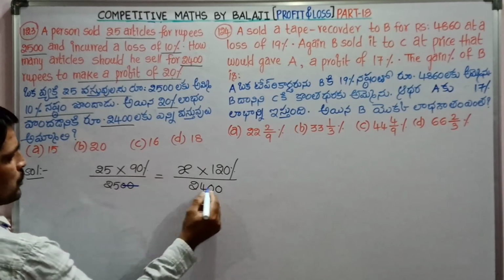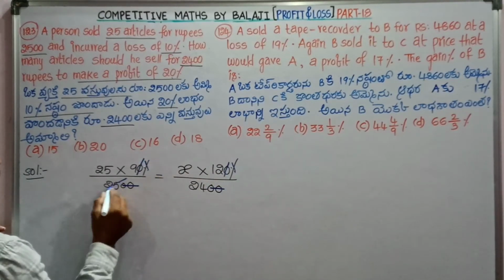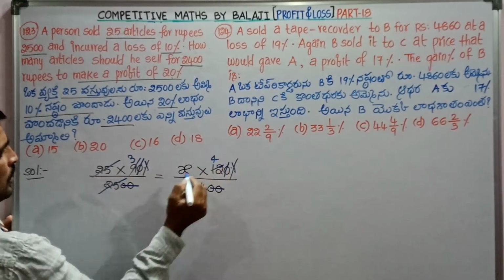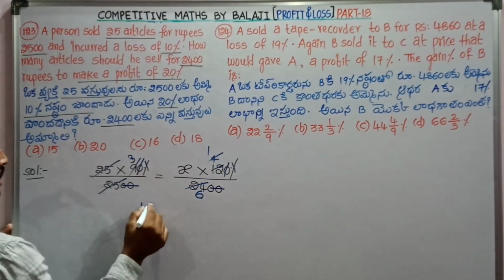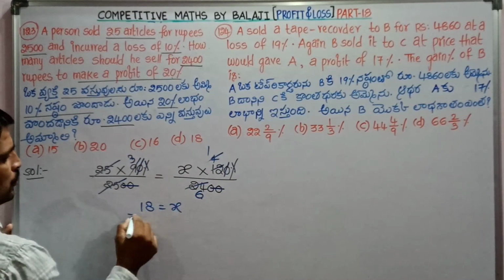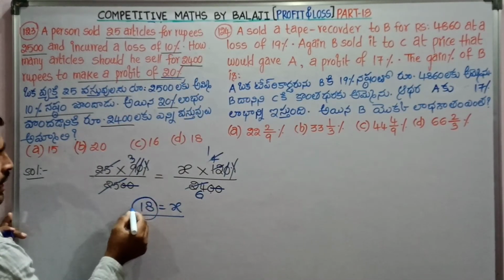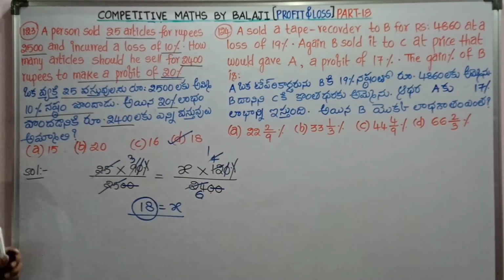Both sides 2 zeros, percentage cancelled. 25 gets cancelled. 3 3s are 9, 3 4s are 12. 4 1s are 4, 4 6s are 24... 6 3s are 18, which is equal to X. So to get 20% profit, he has to sell 18 articles for rupees 2400. So the answer is D.